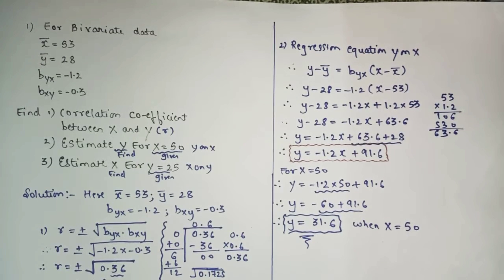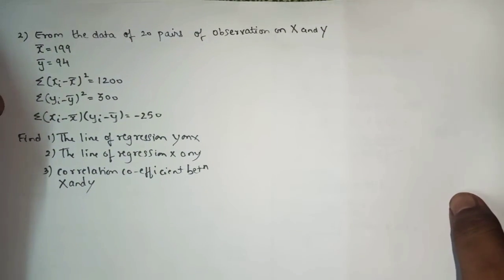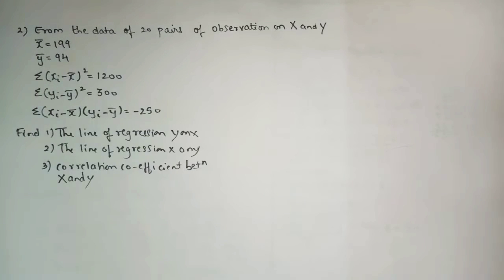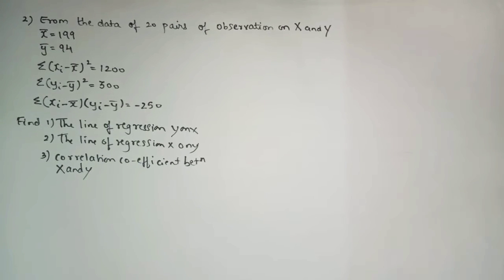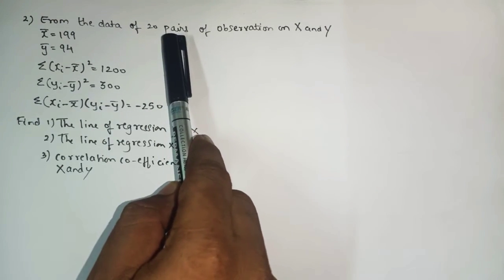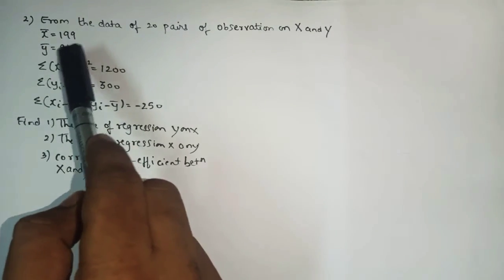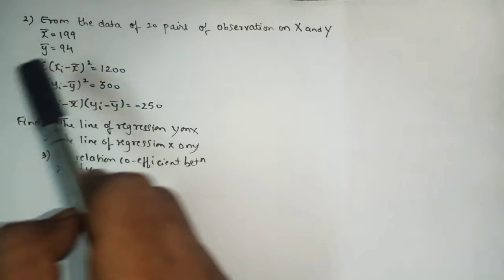So let's move on to the next, sum number 2. Here the second sum is what? From the data of 20 pairs of observations on x and y, x mean is 199, y mean is 94.